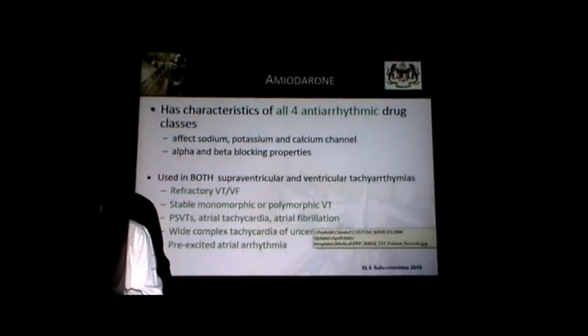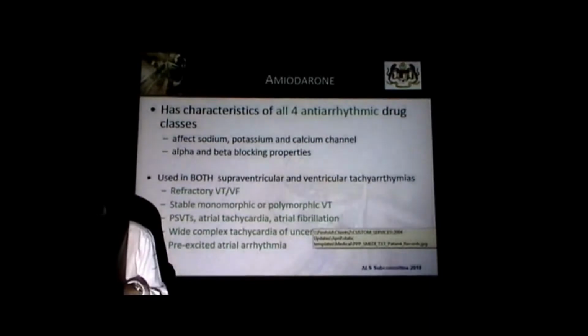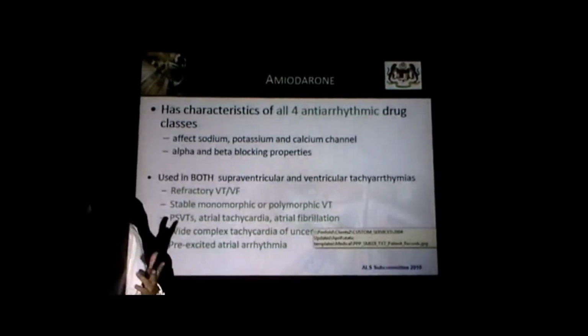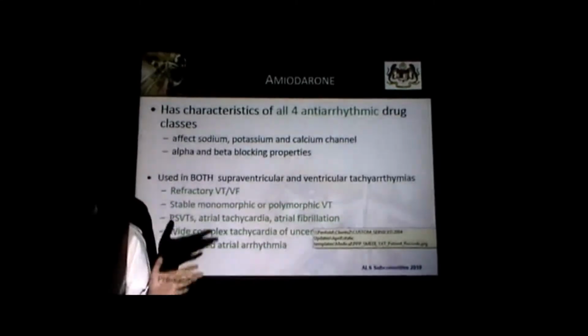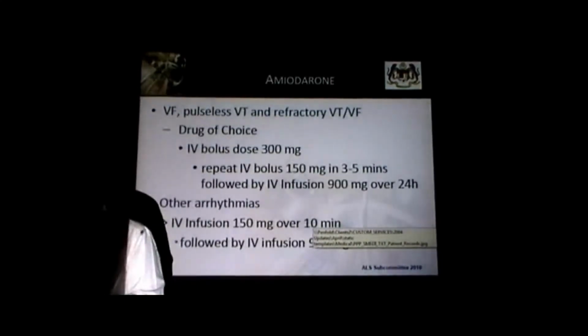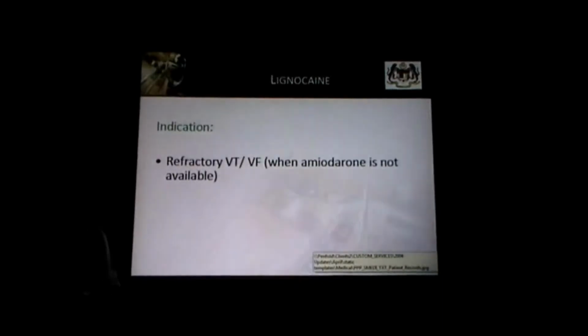But majority of you like to use the Sarawak protocol, which stated that you give 300 milligram over half an hour. But if you think logically, if 150 milligram over 10 minutes makes the tachyarrhythmia subside or resolve, why do you need a higher dose? Because amiodarone is not without complication. Even now the recommended amiodarone is 150 milligram over 10 minutes.